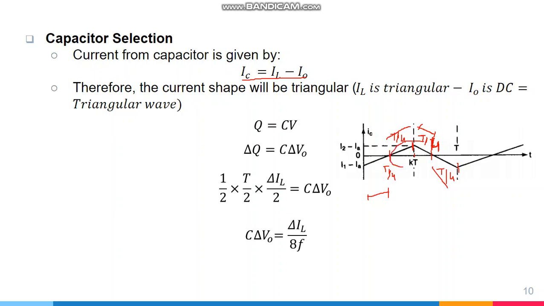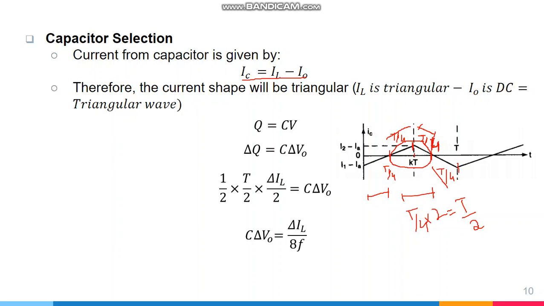So the time corresponding to this triangle will be T by 4 into 2, which is equal to T by 2.